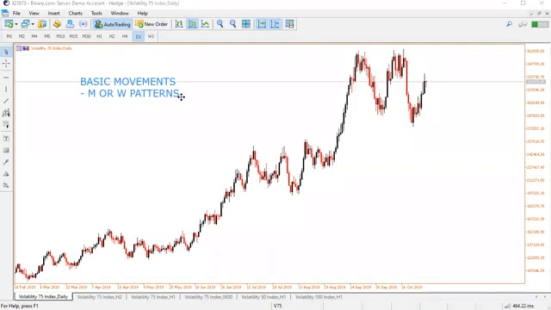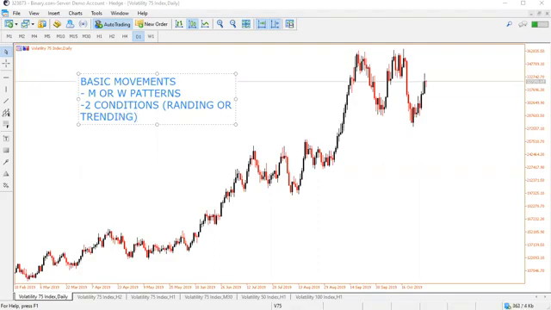It can be in two conditions. It is either ranging or trending. These are the two conditions.